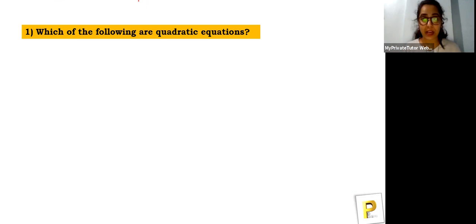Now here we have some actual questions, and you have to find out which of the following are quadratic equations. The question is 11 is equal to minus 4x square minus x cube. You guys tell me what is the answer to this question. Is it a quadratic equation or not?